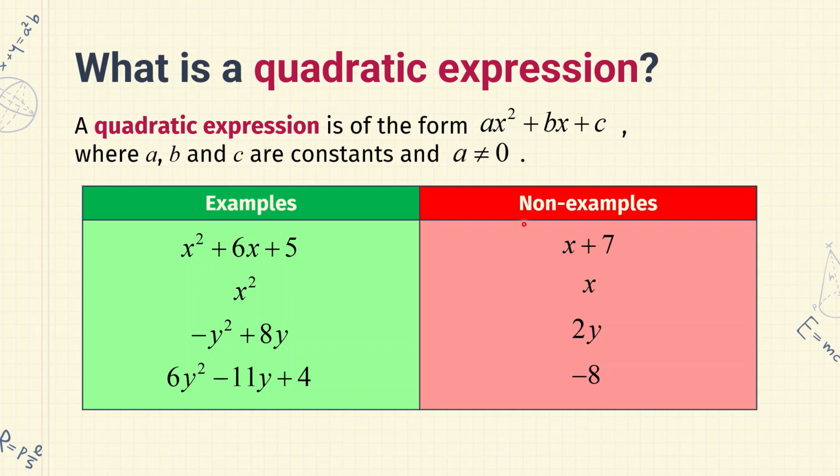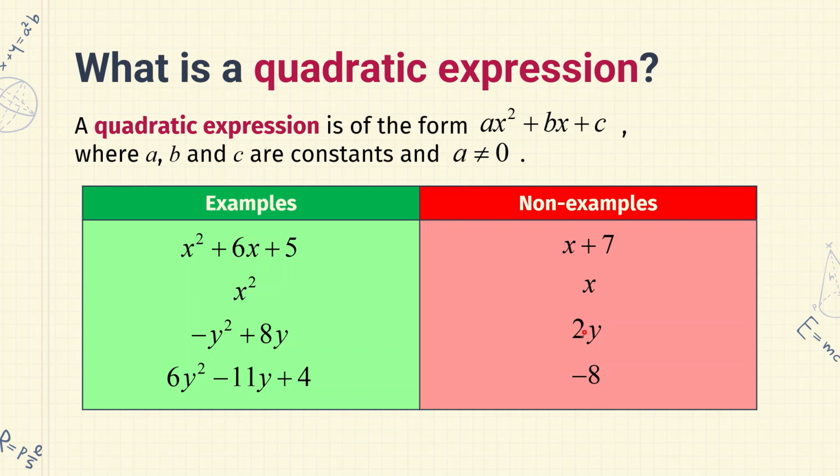Non-examples of quadratic expressions, meaning to say these are not quadratic expressions, are things like x plus 7, x, 2y, negative 8. We observe that the power of the variable x in this case is not 2. There is no square on top of it. Likewise for the y.